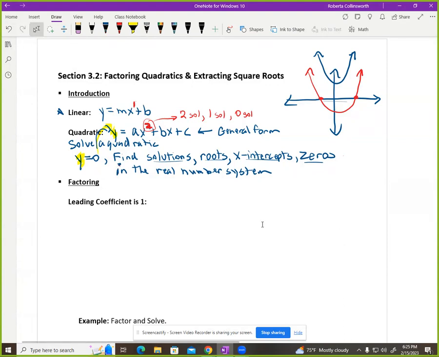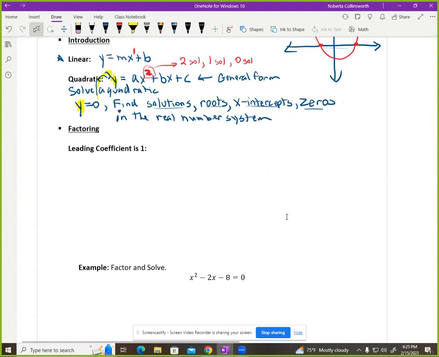Okay. So what we're going to do today is factor quadratics. If you cannot factor quadratics, I'm telling you the God's honest truth right now. If you do not learn how to factor quadratics, then the rest of this course is going to be downhill from there. You're not going to be able to do any of it.